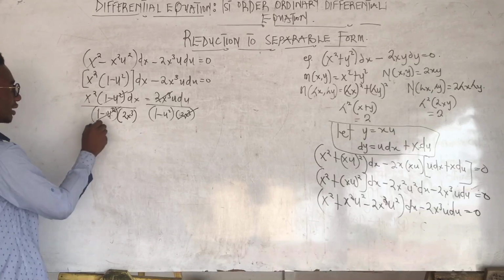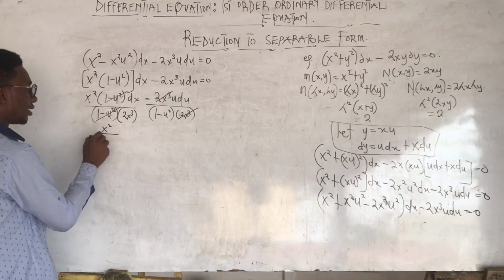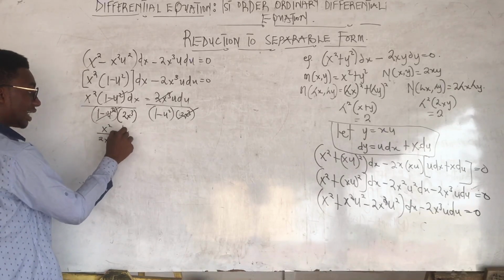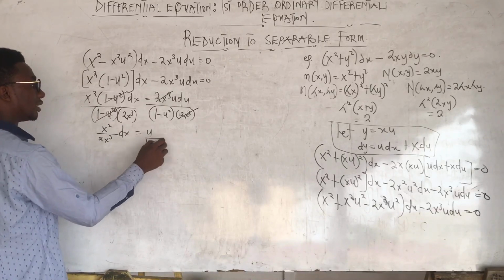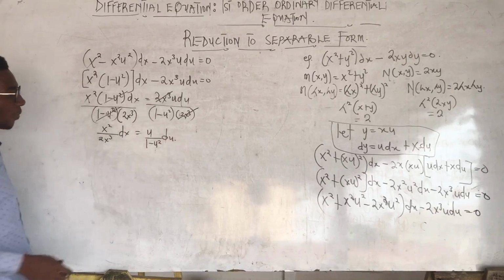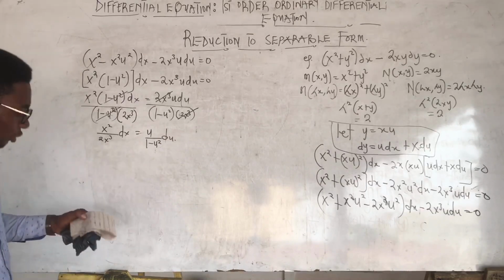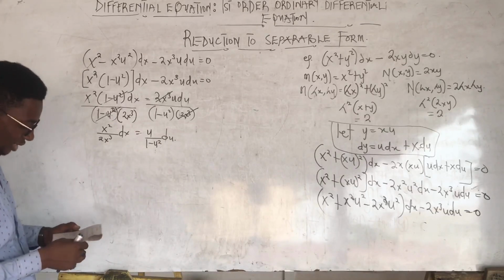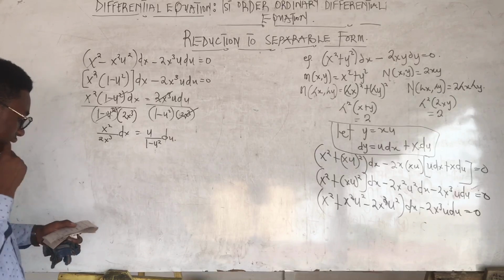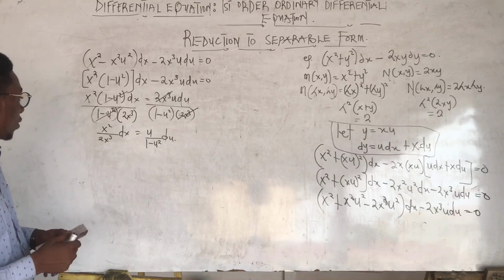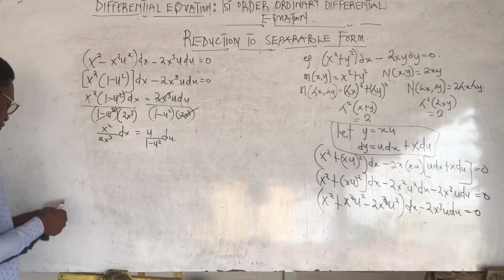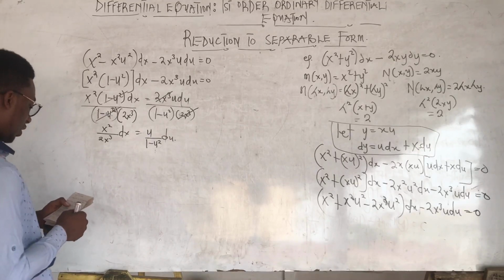So when you do that, you are getting x squared divided by 2x cubed dx, which is equal to u divided by 1 minus u squared du. Alright, so now you'll be able to separate the function this way. So we simply have to go back and resolve the question. And when we do that, what are we having over here?